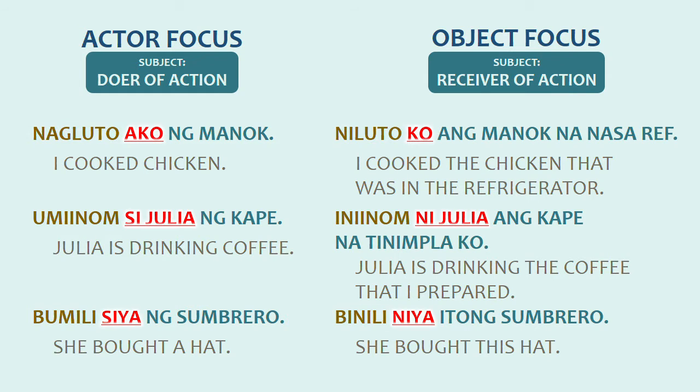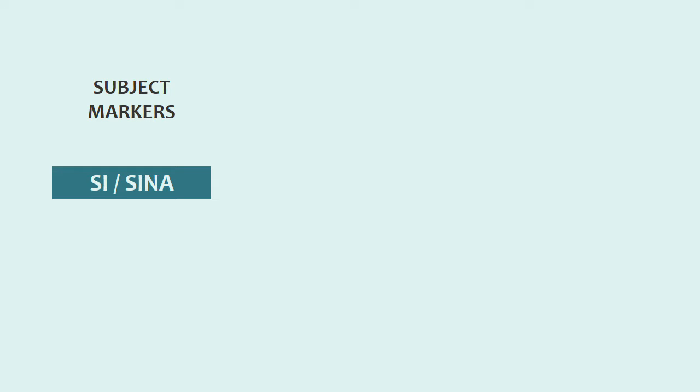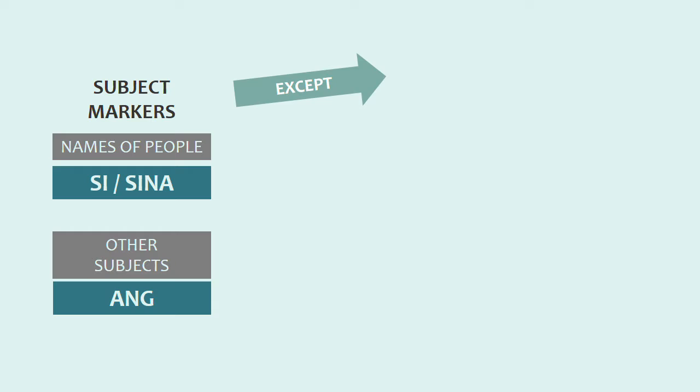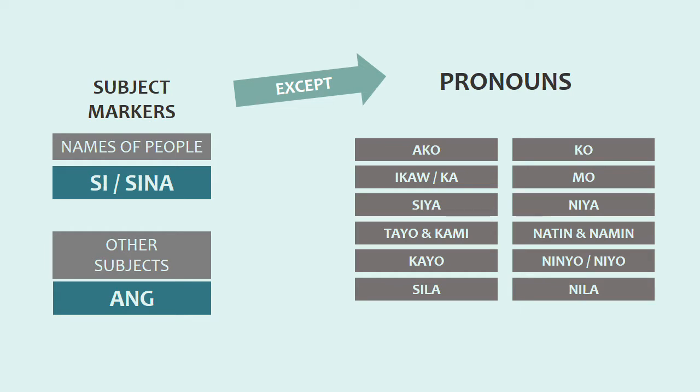Verb, doer, and receiver. Well, I have discussed in another video that subjects have markers in Tagalog. Si or sina is placed before the subject if they are names of people. And ang is placed before all other subjects, except of course if you're using pronouns.